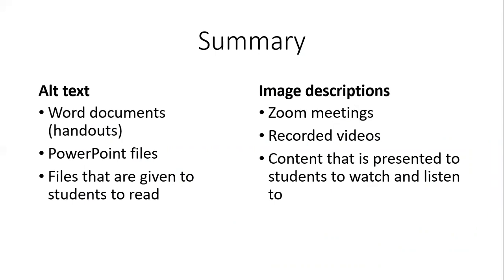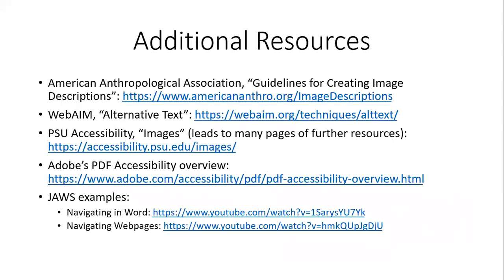Image descriptions are for content that is presented to students to watch and listen to. That should be enough to get you started including alt text and image descriptions in your mini module presentations, scripts, and handouts. For more detailed information or examples, consider these sources.